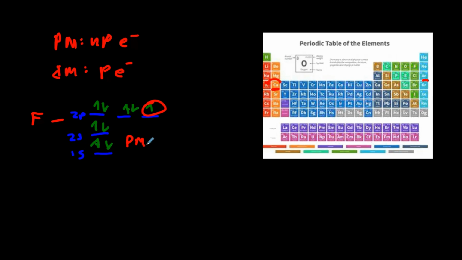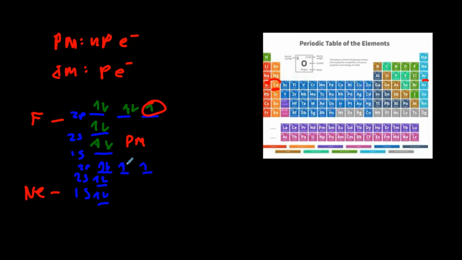Now, if we had, for example, let's say neon, we would have 1s, 2s, 2p, and for our structure, we would have something like this.